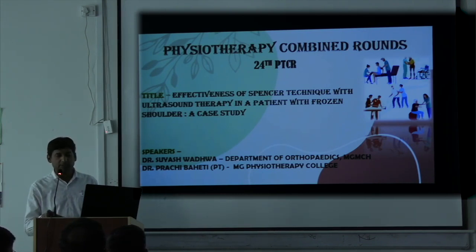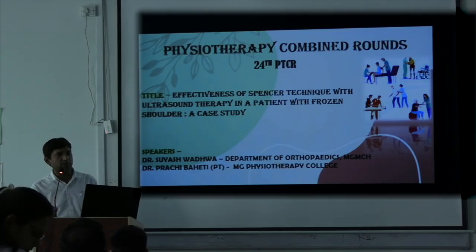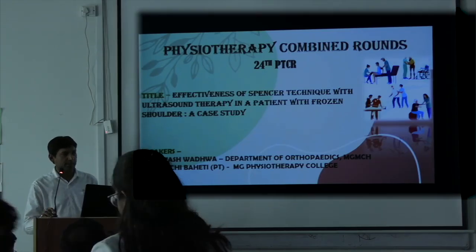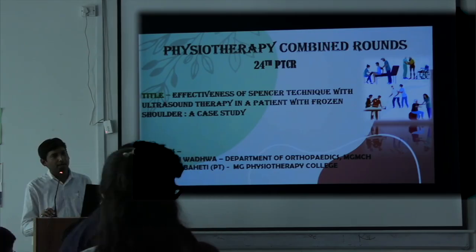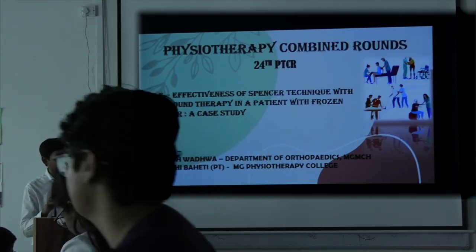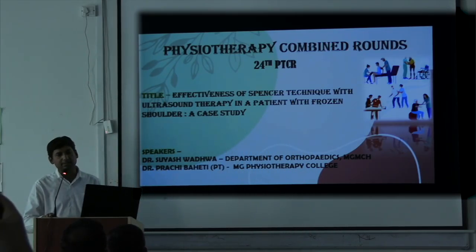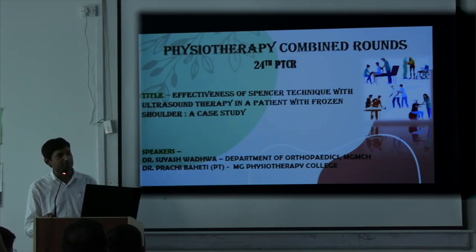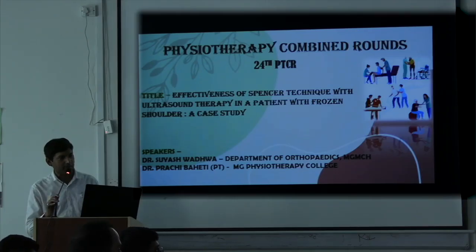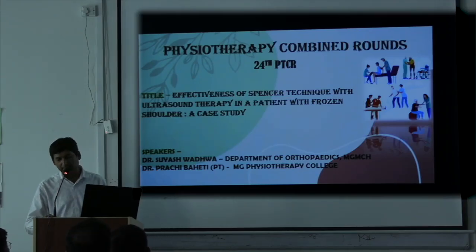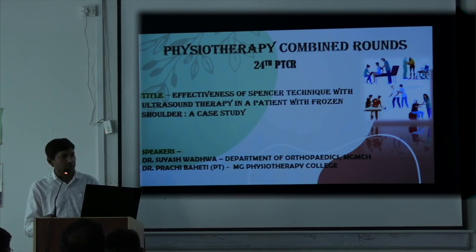There are three terms we use for frozen shoulder: periarthritis shoulder, frozen shoulder, and adhesive capsulitis. Are these three terms the same, or is there any difference? They are synonymous, because in this condition there is a lesion in the shoulder capsule.